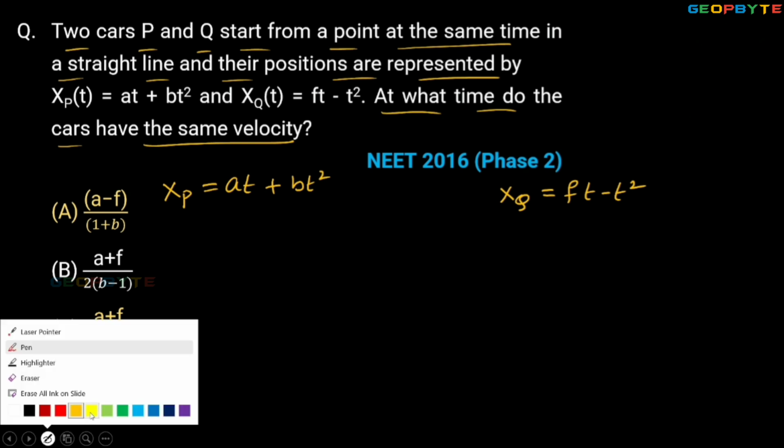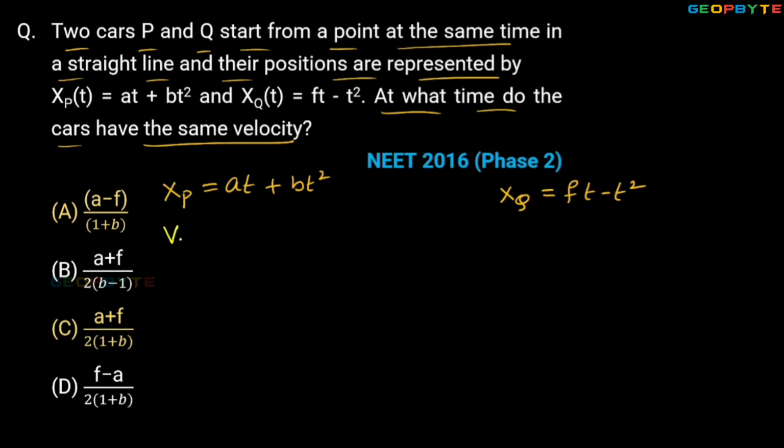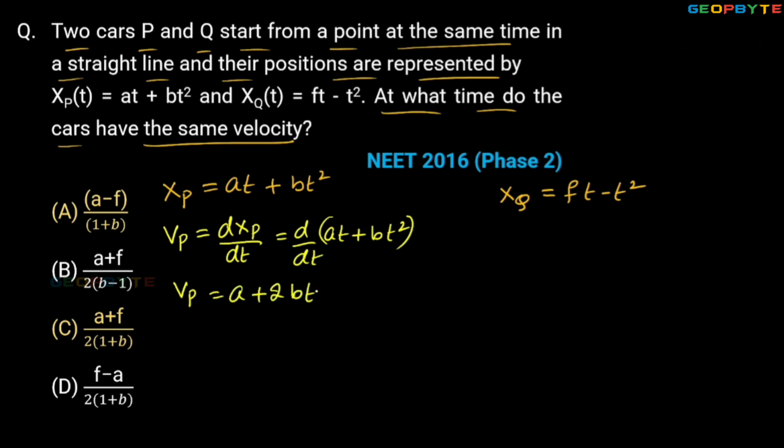For that, let us determine the velocity of car P, equal to rate of change of displacement of car P, dx by dt. It is equal to d by dt of at plus bt square. Simplify it. So velocity of car P equal to a plus 2bt.